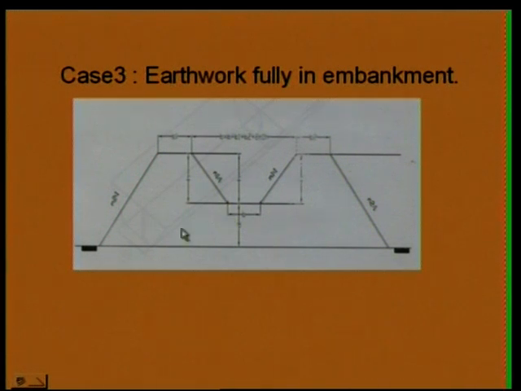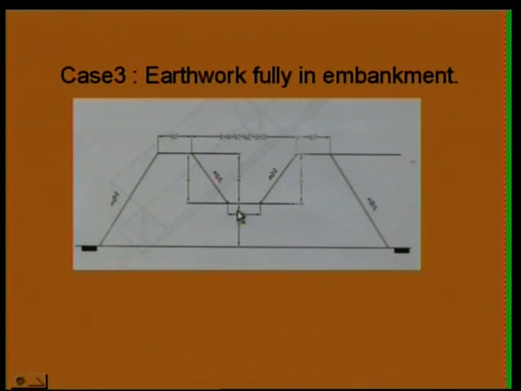When the bed level of the canal is completely above the ground level, then we say that the cross section of a canal is completely in embankment, or completely in banking. These are the side slopes, outer slopes, and this is the inner slopes.